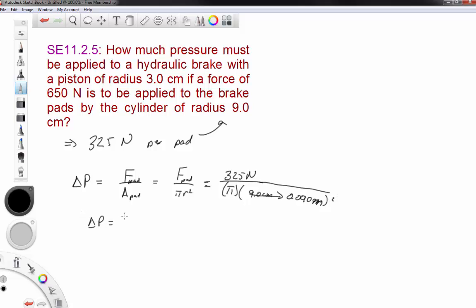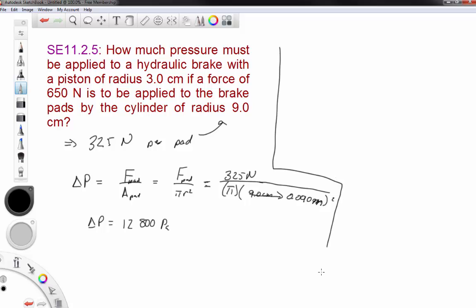So the pressure that's being applied is given by this force divided by this area, which gives us about 12,800 pascals.